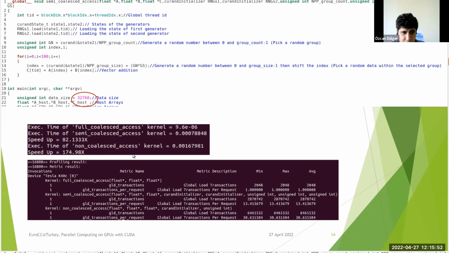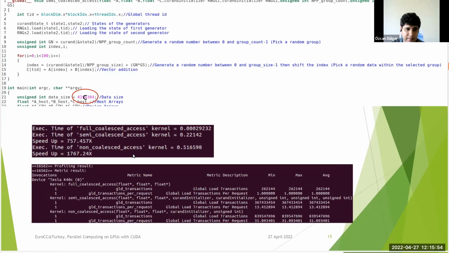And for the data size 2^22, let's look at the execution time of full coalesced access. It is 0.00029 seconds.